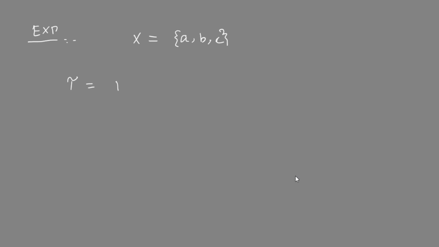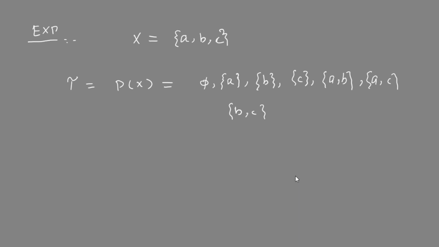It of course is the power set of X, and the power set of X means that it will be the empty set, a, b, c, of course ab, ac, and bc, and of course at the end you will write X. So this is the power set of X, and of course this is a topology, and this topology is actually called the discrete topology.